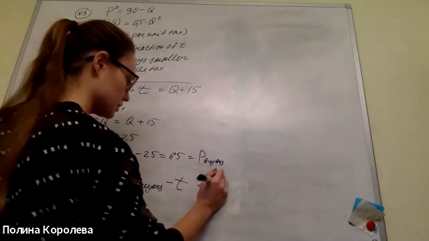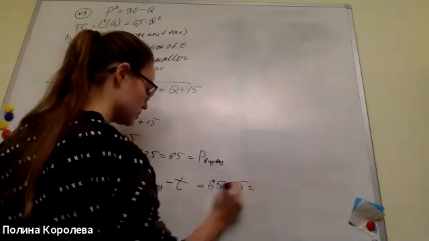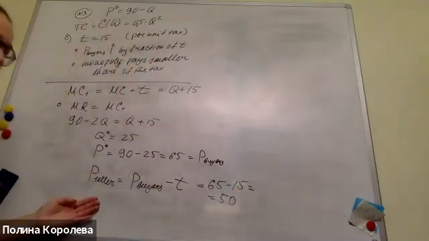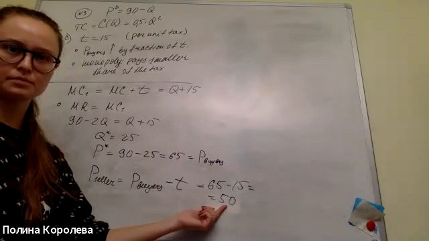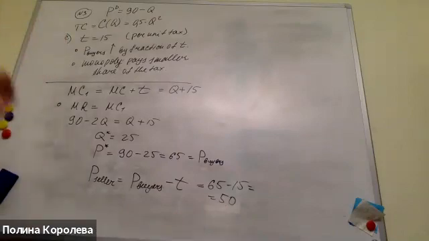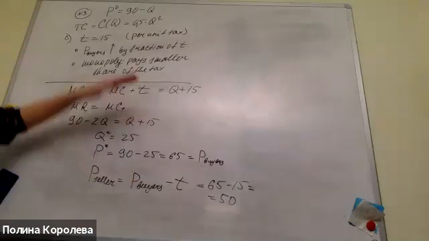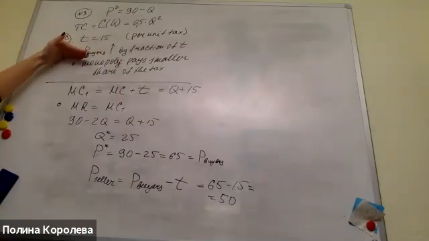And now he will have 65 minus 15, it is 50. So now he earns less from each unit sold than before. Then what else can we count? First of all, we can answer about the first statement.